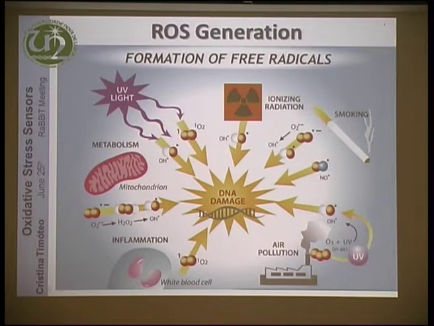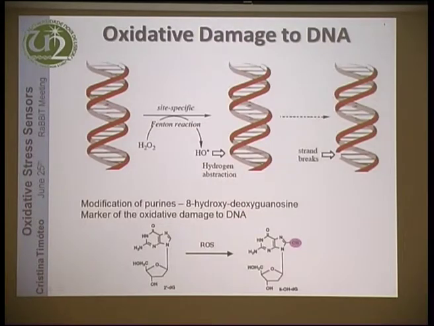Cellular metabolism produces a lot of hydrogen peroxide and hydroxyl, and our immune system, as a way of combating infections, produces also a lot of ROS and even NO also. So all of this results, as many people have already said, in DNA damage, but not only in DNA damage.